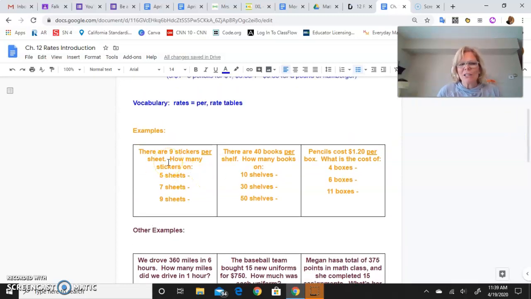There are 9 stickers per sheet. How many stickers on 5 sheets? Well, we already know that there's 9 per 1 sheet. So our ratio would be 9 to 1.